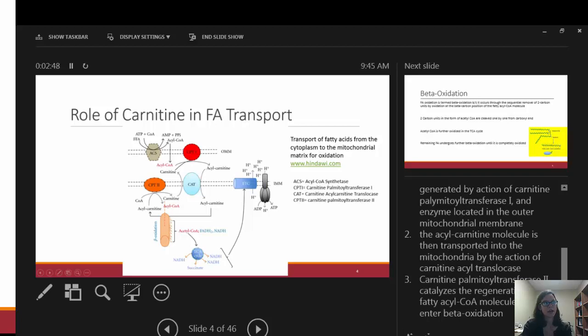So now we're able to get into the inner mitochondrial membrane where we need to be. Then this molecule, acyl-carnitine, goes through another enzyme, CPT2, which separates the acyl-carnitine back into our CoA, our carnitine, and our acyl-CoA. And this fatty acyl-CoA can then go through beta oxidation in order to produce energy, which we're going to go into a lot more detail about. And the carnitine can go back out of the inner mitochondrial membrane in order to shuttle another fatty acyl-CoA across.